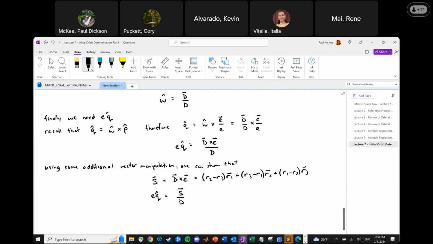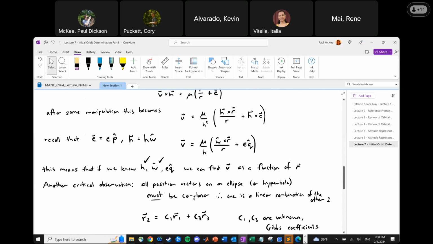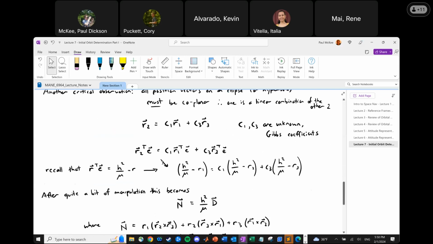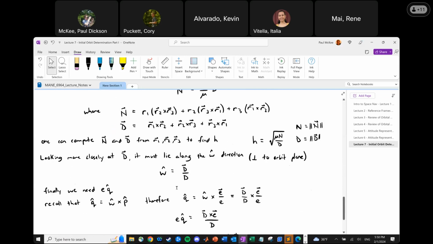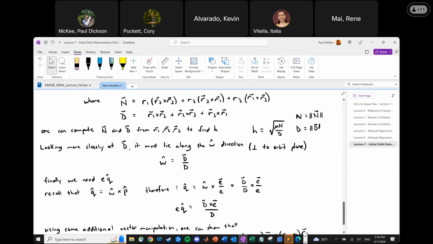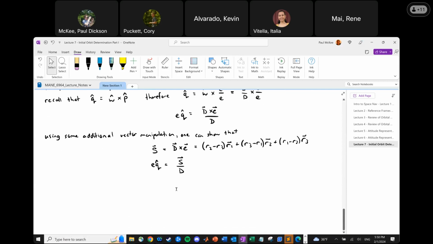Okay, so we're going to scroll back down in a second, so don't worry if you're not quite caught up to where we are. But I would argue that we are now ready to declare victory because we have H, we have W, we have EQ. All of those are reasonably complicated functions, but ultimately just dot product and cross product combinations of our three position vectors, which is really cool the way that works out.